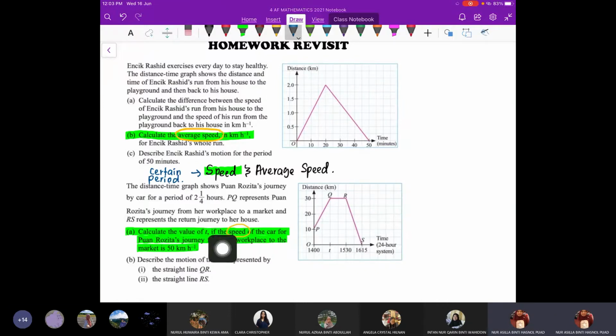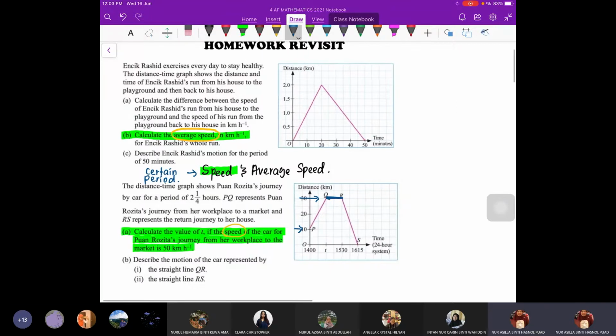So kalau kat sini dia kata this is supposed to be a journey for one Rosita daripada workplace dia dekat P, and then dia pergi to the market at Q ni. Q and R ni market. Dia berhenti kat market and then dia pulang semula ke rumah. Okay, so workplace, market, return back home.